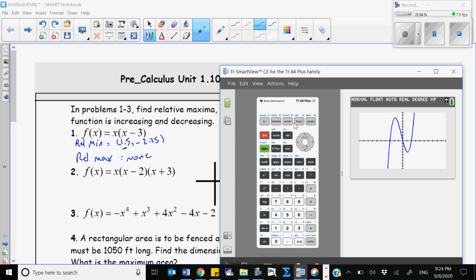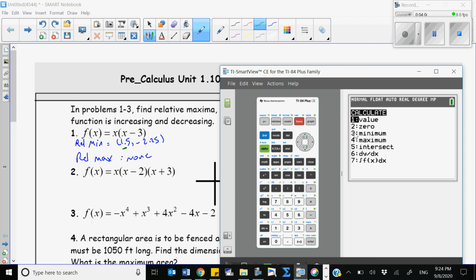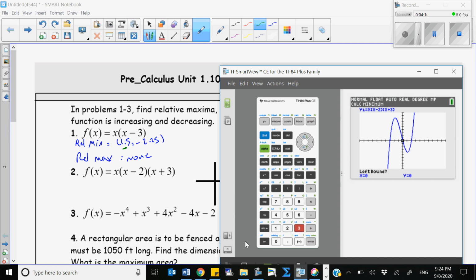So if I go to second trace, number 3, as we told you, is the minimum. So it's asking for left bound. It's already here. Then I go to the right side of that, enter. Then on top of that, and x value of minimum is 1.11, y is negative 4.0.